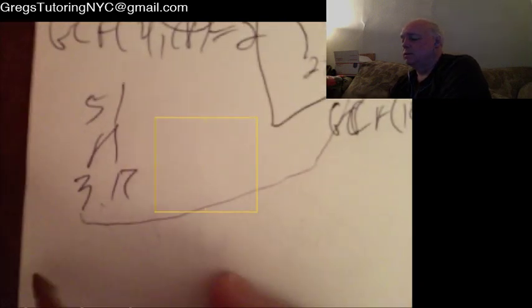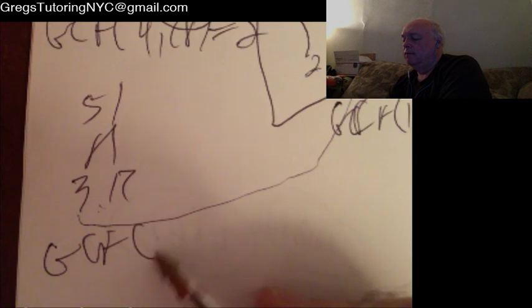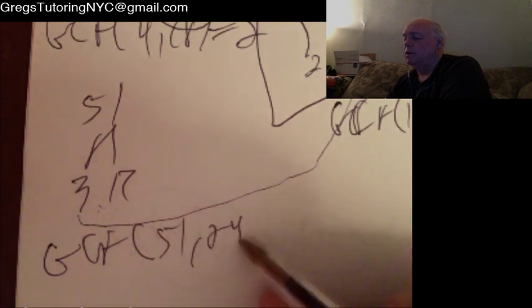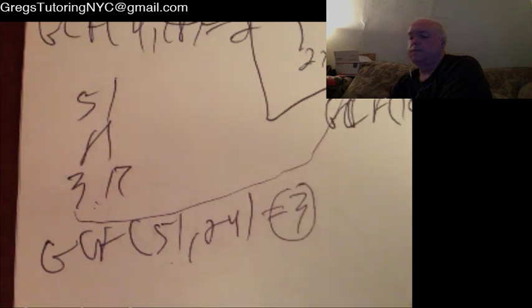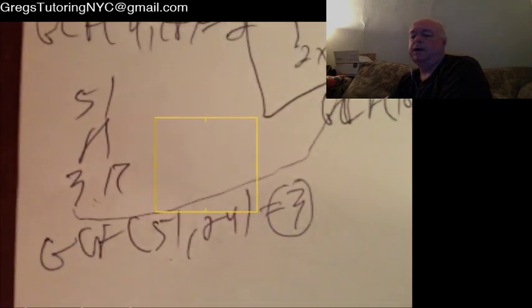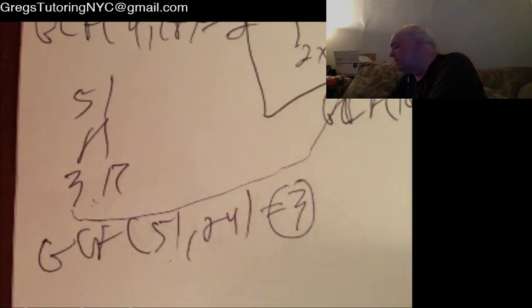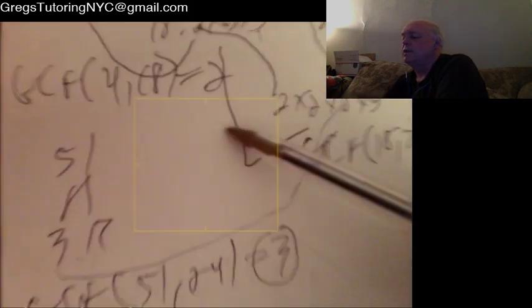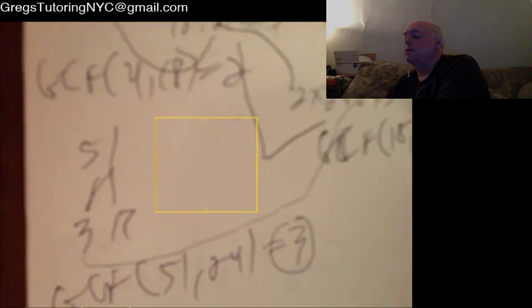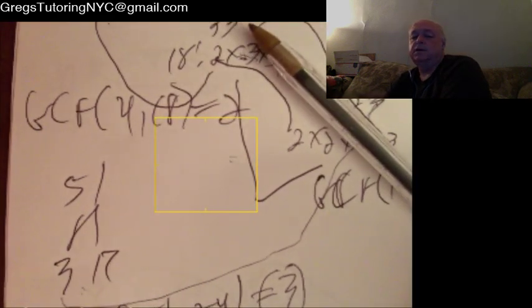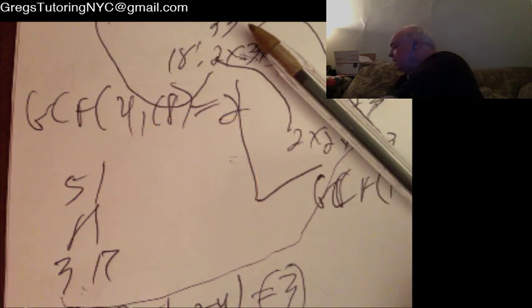So the GCF of 51 and 24, it doesn't matter what order we put these two numbers, is 3. So we can do a lot of problems like this. It's pretty obvious what we're doing. We're creating a factor tree, whether it's prime factors or the list that I did in the first couple of minutes of the video, whatever the case may be.